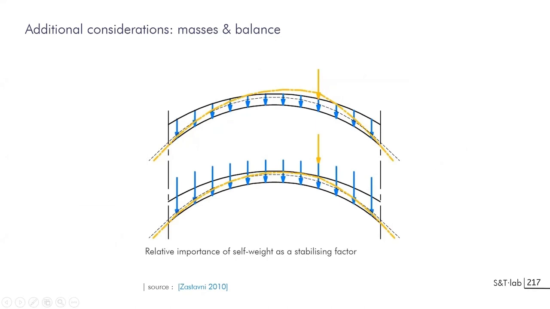So what could be a solution is to have more loaded arches, so heavier arches. You can have a new funicular polygon that will react less to the applied forces here. And as you can see, the resultant of this force will be less important and could remain inside the thickness of the arch.